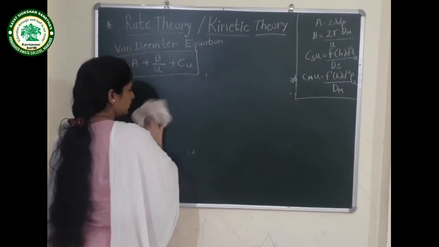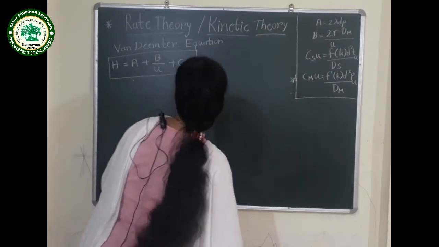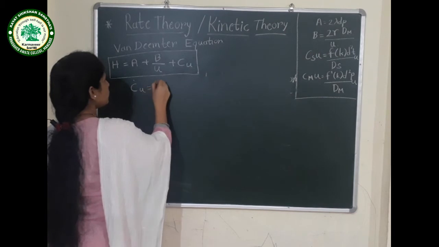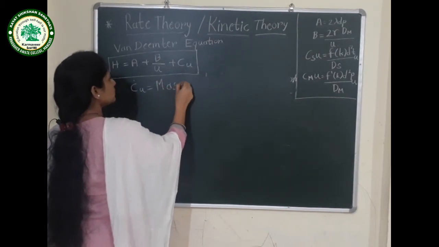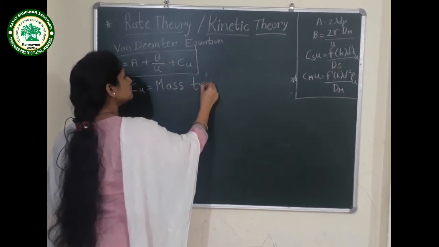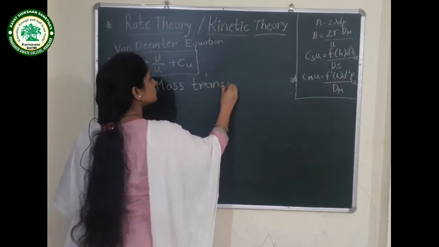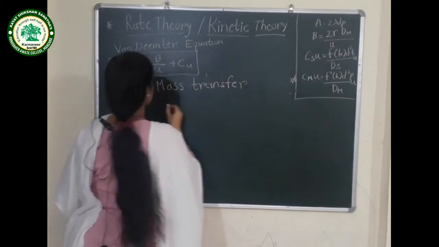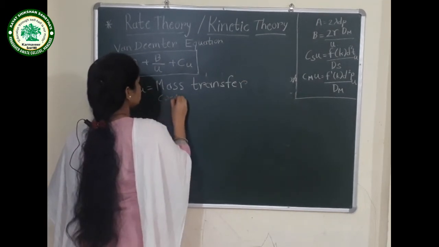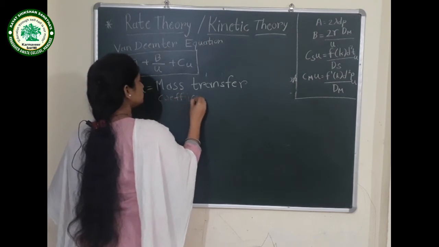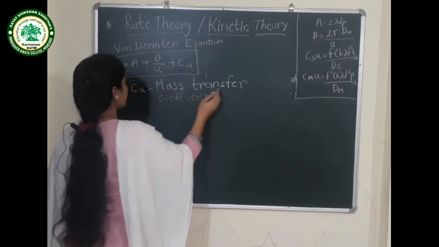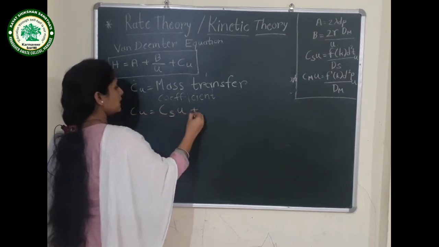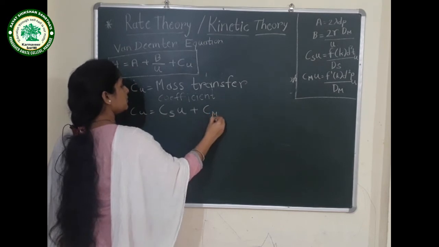Now we will see the third factor, that is the mass transfer coefficient, Cu. This Cu is given by Cs u plus Cm u.